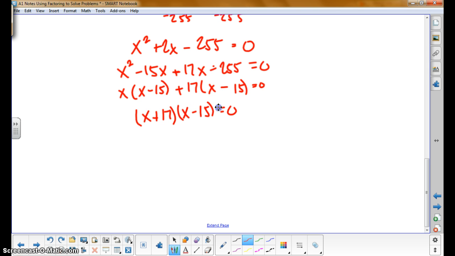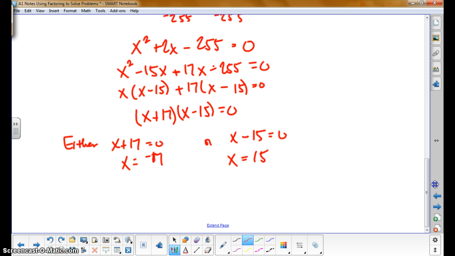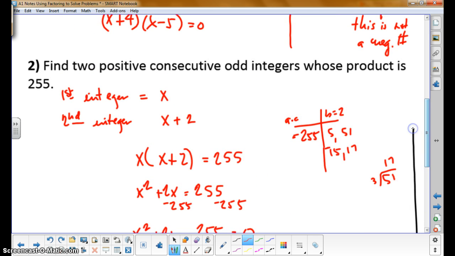And then you know from what we did, one or the other of these has to be 0 for this to be true. So either x plus 17 has to be 0, or x minus 15 has to be equal to 0. In this case, x is equal to negative 17, and in this case, x would be equal to a positive 15.